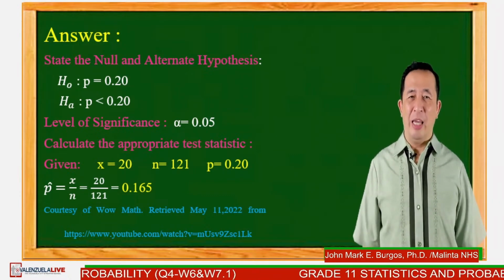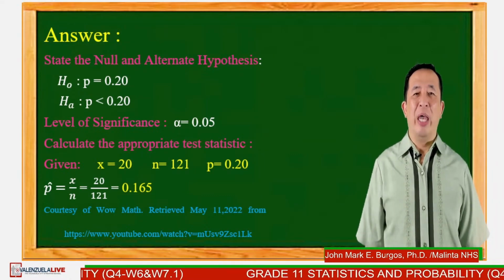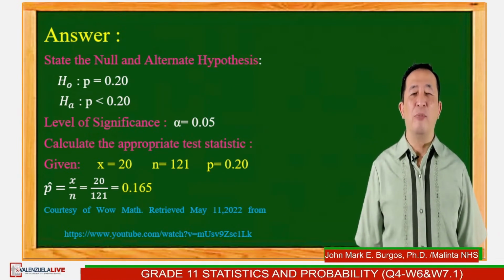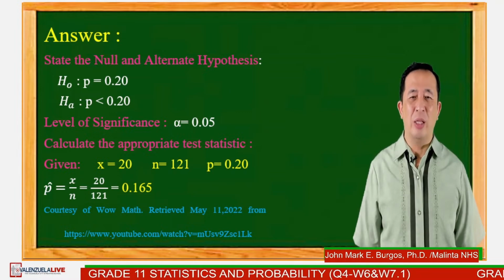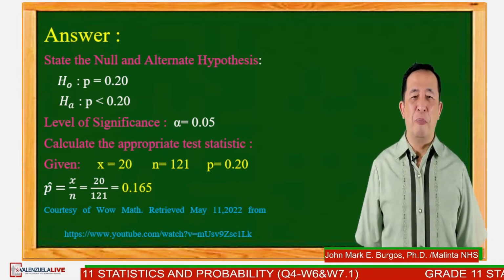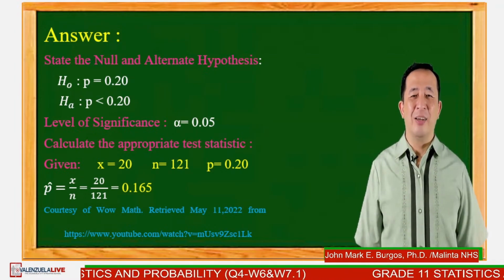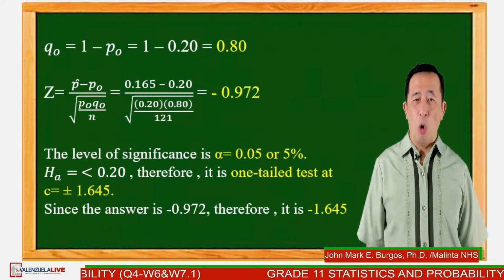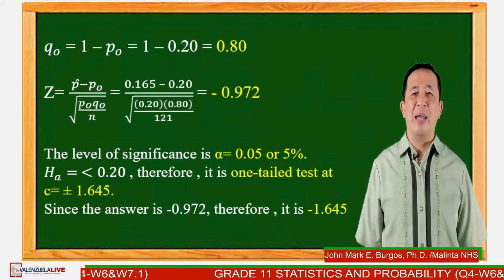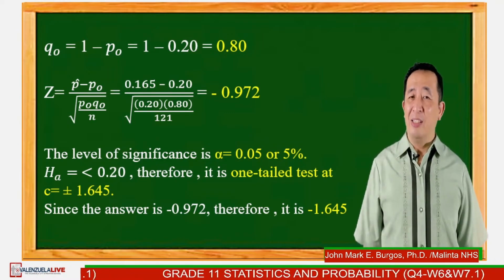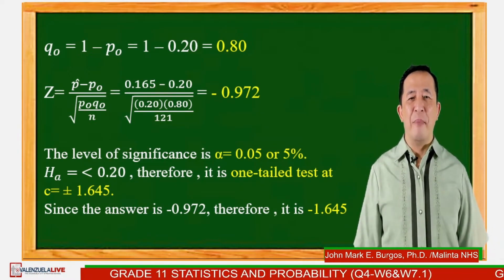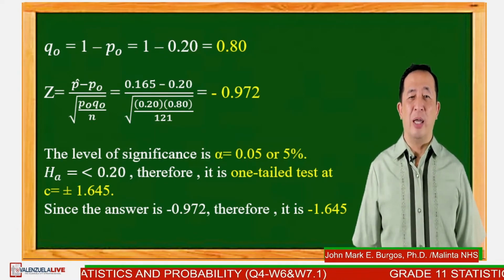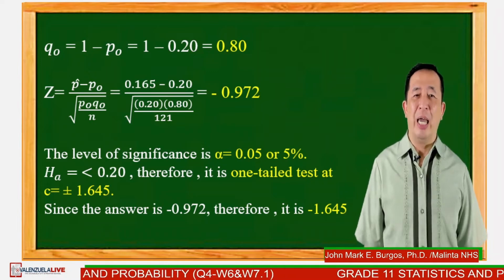So to calculate for the p hat, we have x over n, and substituting the values, 20 over 121 is equal to 0.165. To compute for the Q sub O, we have 1 minus P sub O, and substituting the values, we have 1 minus 0.20 for the 20%, which is equal to 0.80.